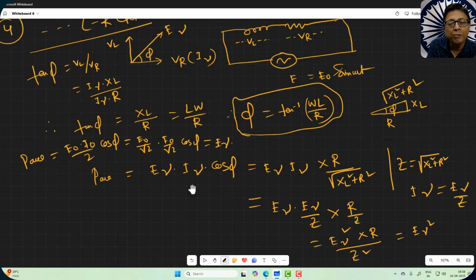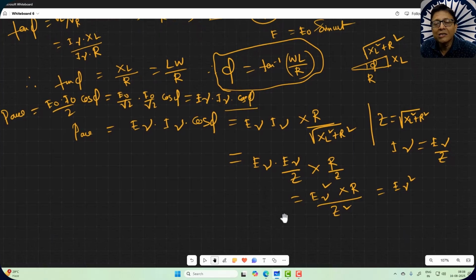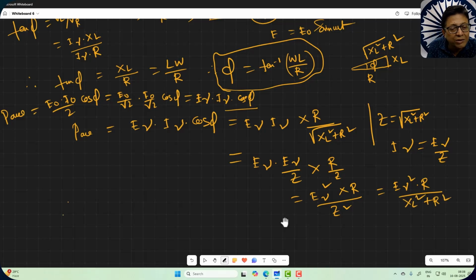E_rms, I_rms cos phi. Okay? So that's why I am using the expression. Not wrong. E0 by root 2 is E_rms, the RMS value. I0 by root 2 is I_rms. I am putting it there. You can do it here also, no problem. So this is going to be E_rms square into R divided by XL square plus R square.